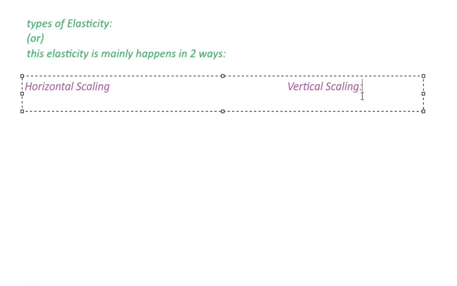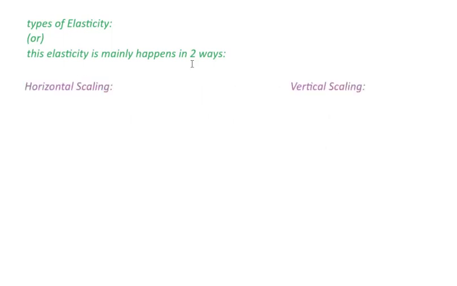So let us see how it is going to happen. These are the two types of scaling: horizontal scaling and vertical scaling. So, sir, can you tell us how horizontal scaling goes?